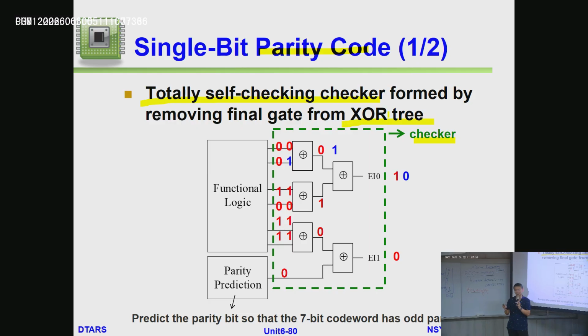If we want to correct your output, we need another powerful ECC code. What is another powerful ECC code? Later you will find out we will need more check bits. If you only have one check bit, you can only detect errors.